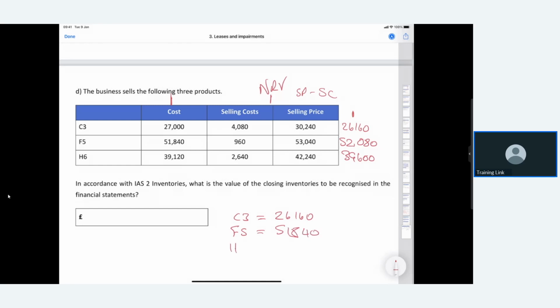And for H6, it would be 39,120. So all we would do is add the three together to get your valuation, which would be £117,120.